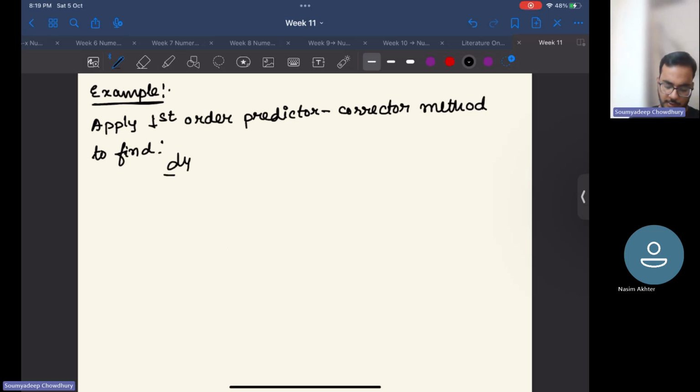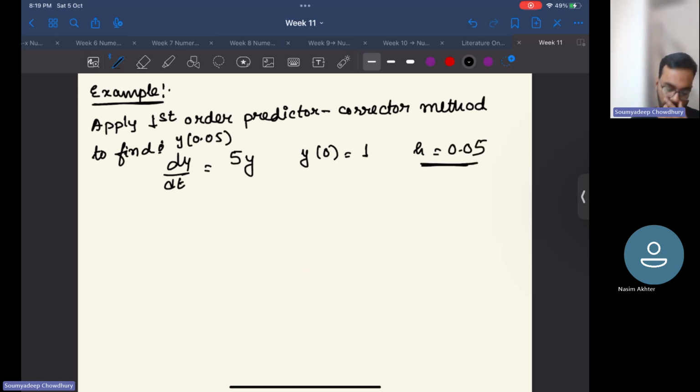Your differential equation is dy by dt, just a simple equation we are taking, equals to 5y. y of 0 equals to 1. We have to find out y of 0.05, and h is given as 0.05. Just one step we'll be doing. So now, first we'll try to solve it analytically. Okay.